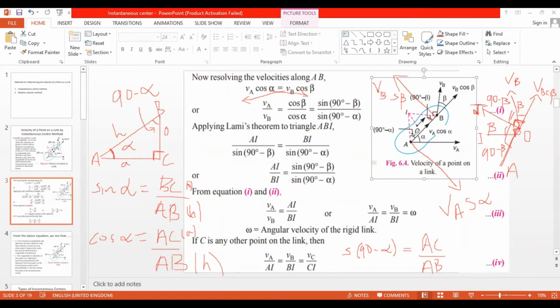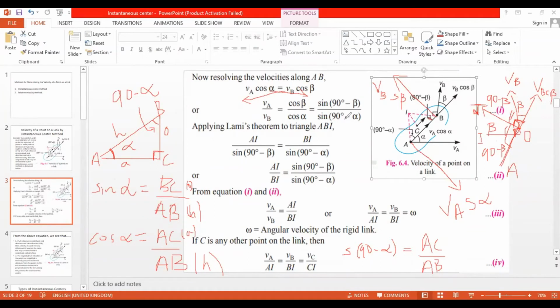You can check this also in a similar way. If this is alpha and this is 90 degrees, then this will be 90 minus alpha. So AI upon sine 90 minus beta will be equal to BI upon sine 90 minus alpha will be equal to AB upon sine of this angle, but we don't need them.